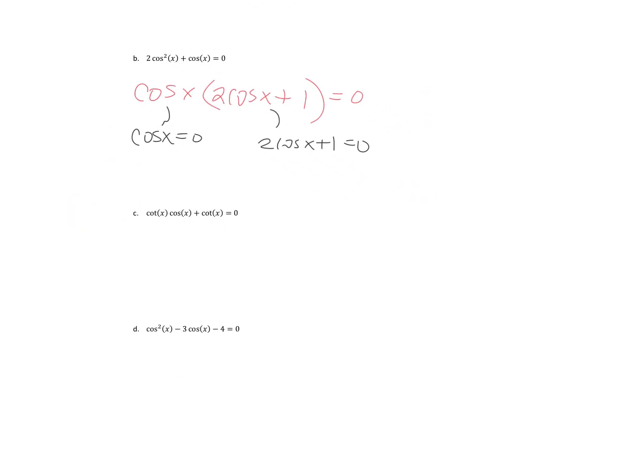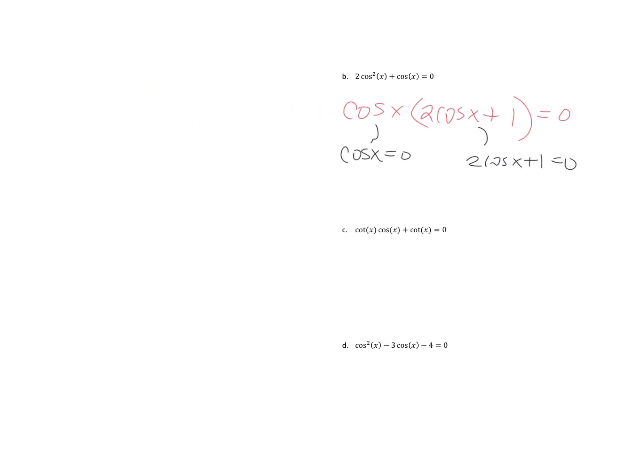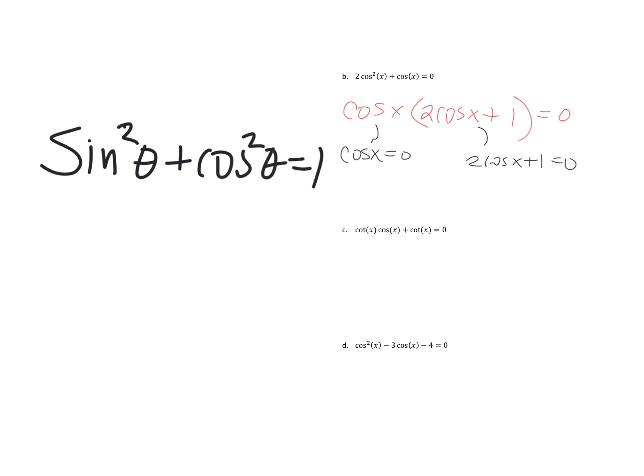Now, one thing you may have noticed is pretty much absent: do you remember that one test we had on sine squared plus cosine squared equals 1? And you had a partner, the only partner test pretty much all year. That test, I'm not promising anything on it, but if I were only going to remember one thing from that test, it is that sine squared plus cosine squared equals 1.